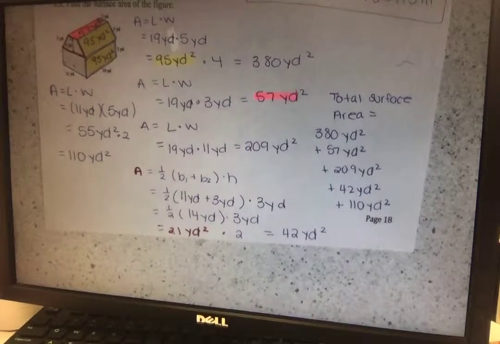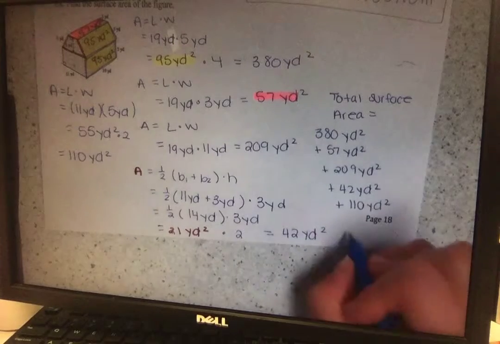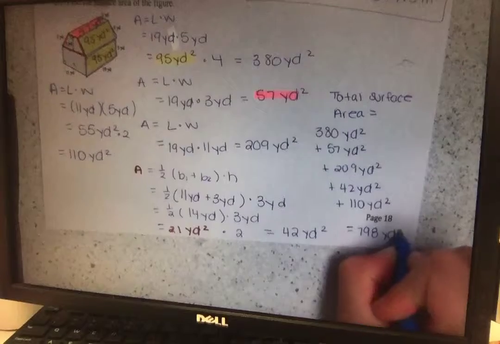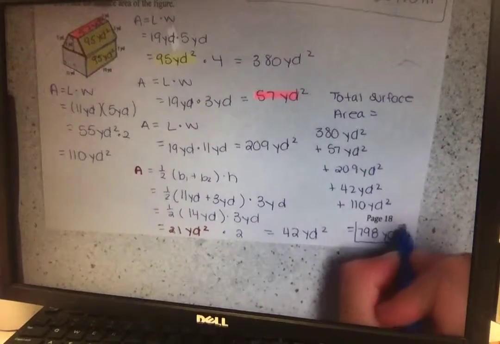So 380 plus 57 plus 209 plus 42 plus 110 will give us our total of 798 yards squared. Final answer.